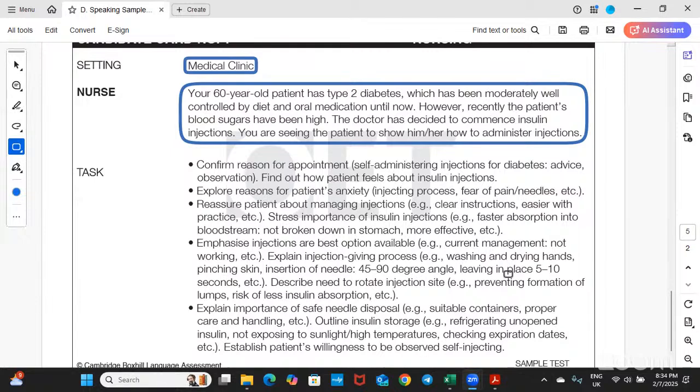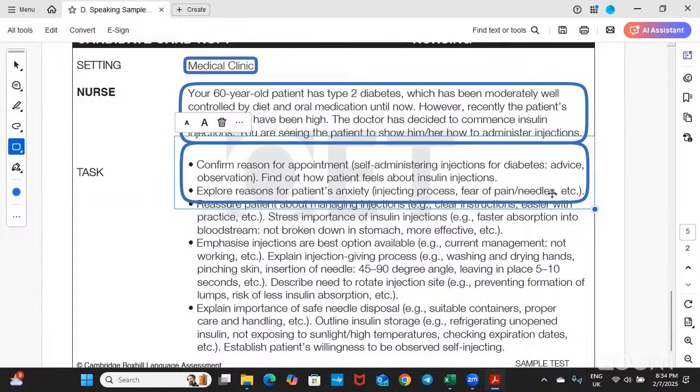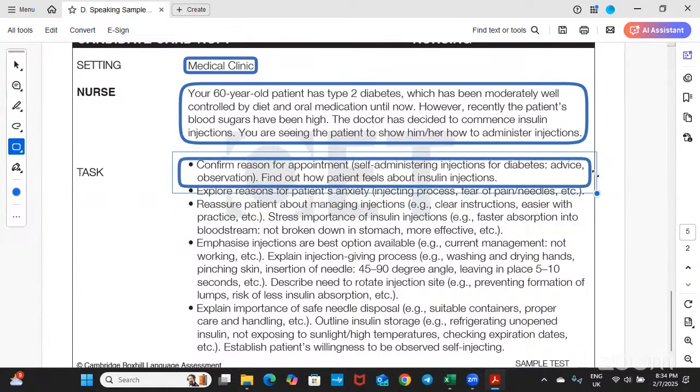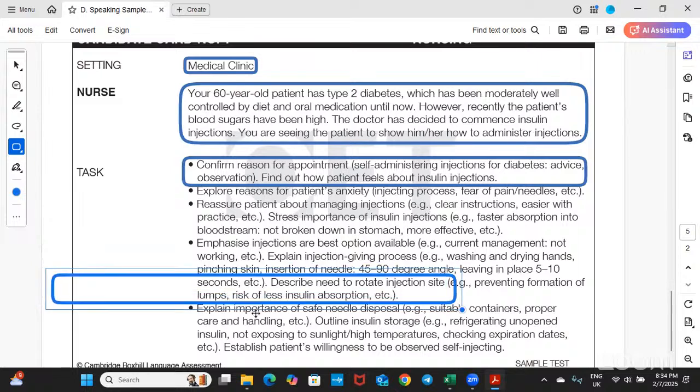The first one, you see the bullet points. This is number 1. Confirm the reason for appointment.